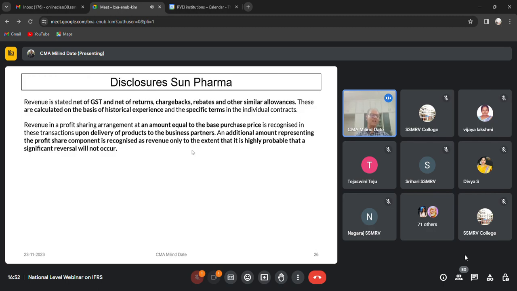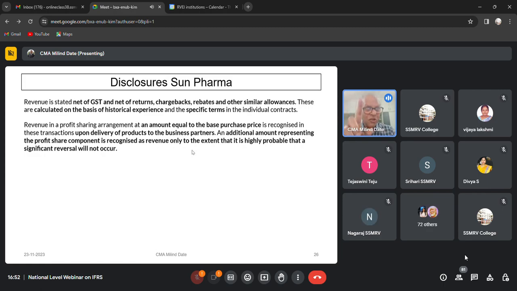So if you say, hey, 10 lakh tablets are to be made, and the base price is, let's say, 10 lakhs of rupees, and the profit share will be an additional 2 lakh rupees. So 10 lakh rupees of revenue can be recognized upon the delivery of the products, but the 2 lakh profit share will be contingent upon a future period of time.